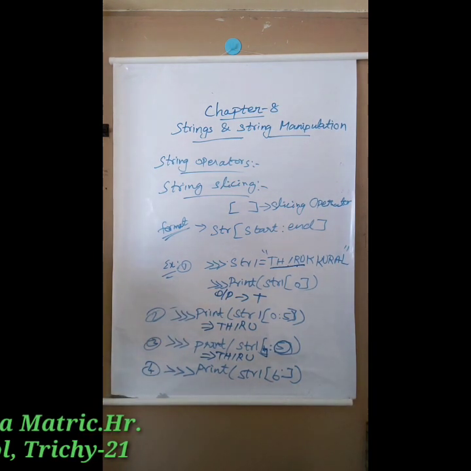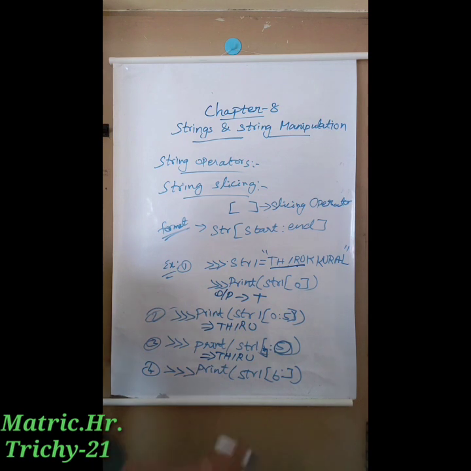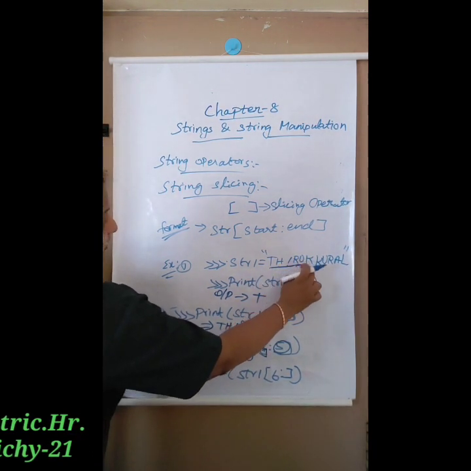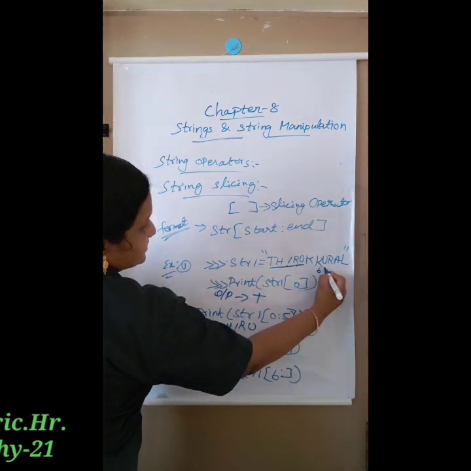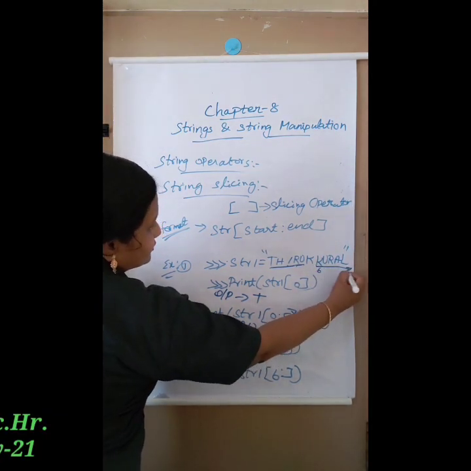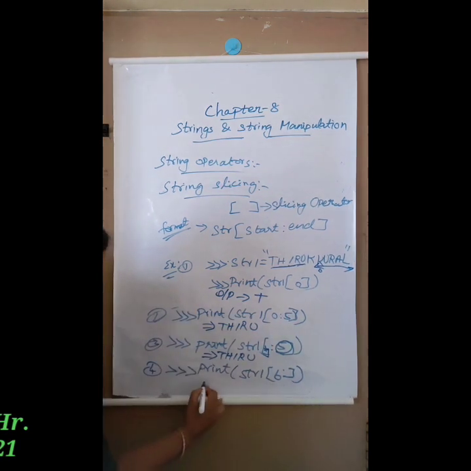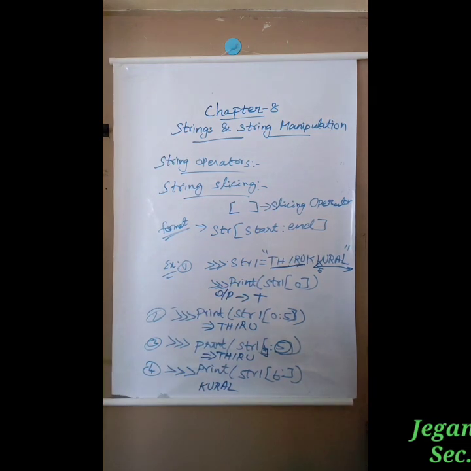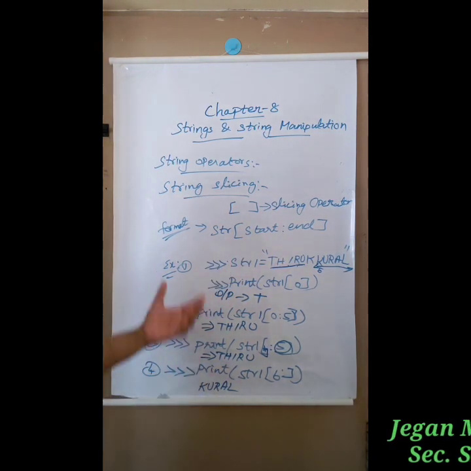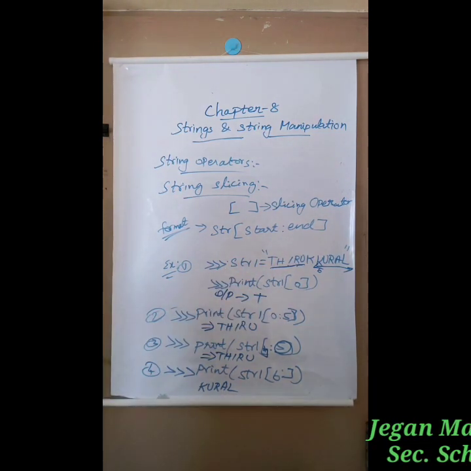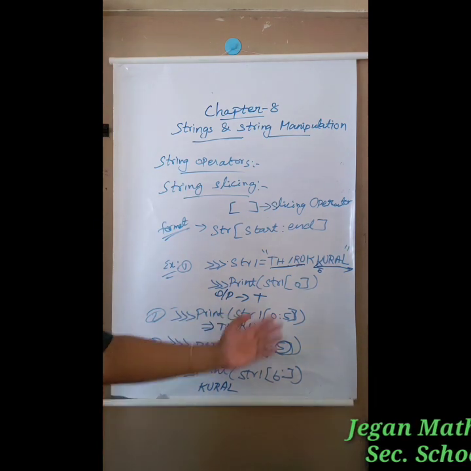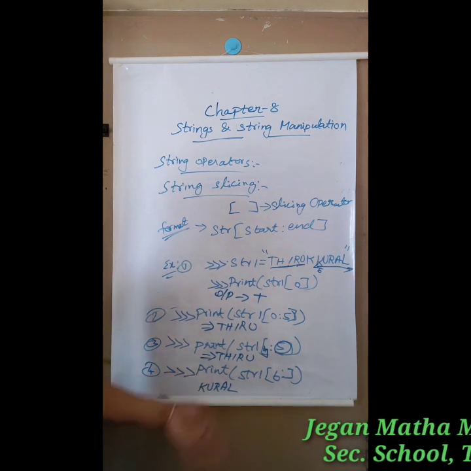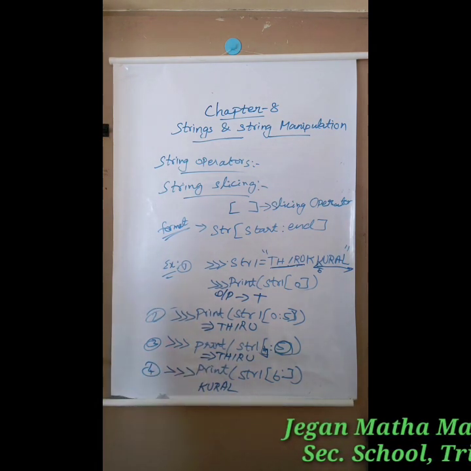Counting 0, 1, 2, 3, 4, 5, 6, starting from 6 the output of this line is Kural. So in string slicing, we either give only one index value, or both start and end, or only a starting value, or sometimes only the end value.